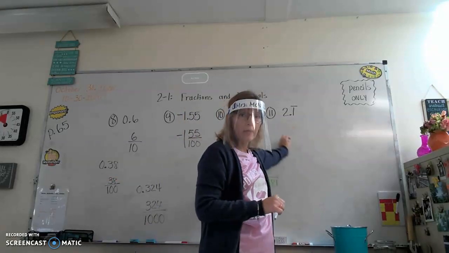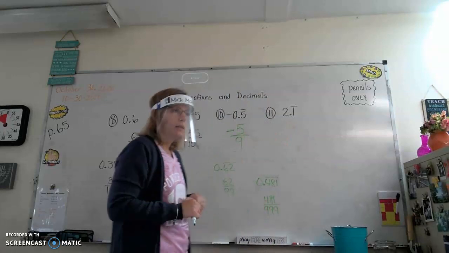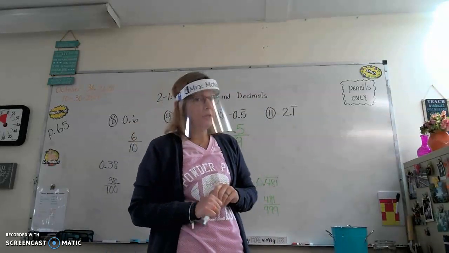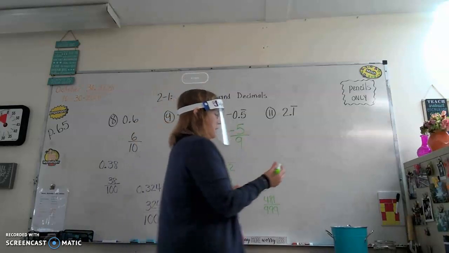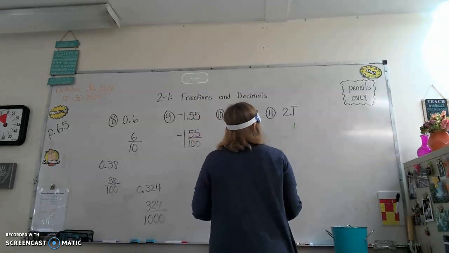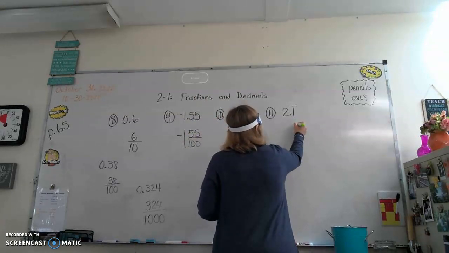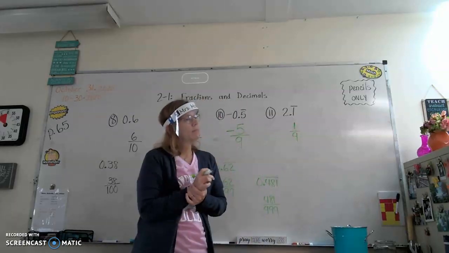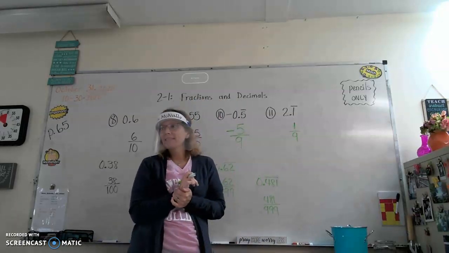We have something tricky going on. Is that a 2? Or what? Oh, 2.1 with the bar notation. Okay, so you put a 1 down. And then you put the line. She got part of it.